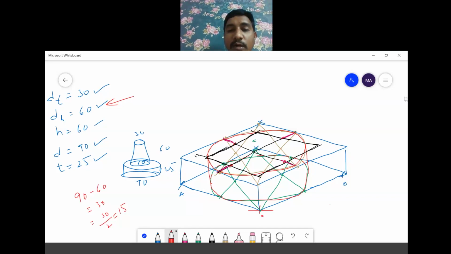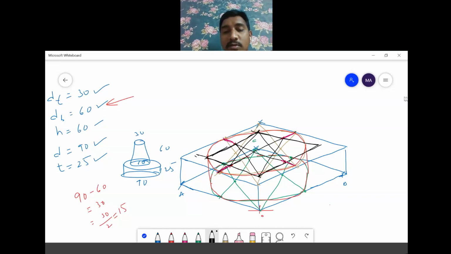From this midpoint to this vertex, I am drawing the line. From this midpoint to this vertex, and from the bottom vertex to these midpoints, I am drawing the lines. After that I am drawing the circle here.